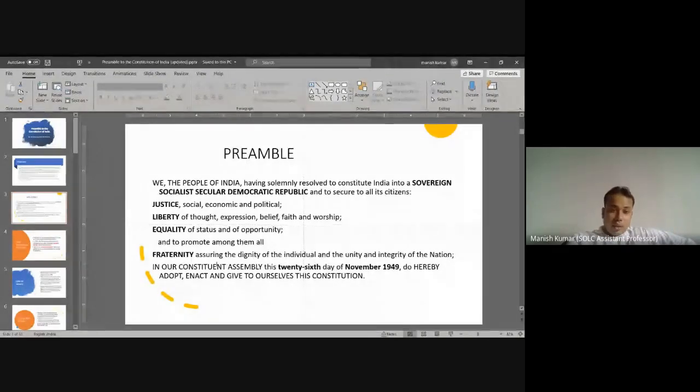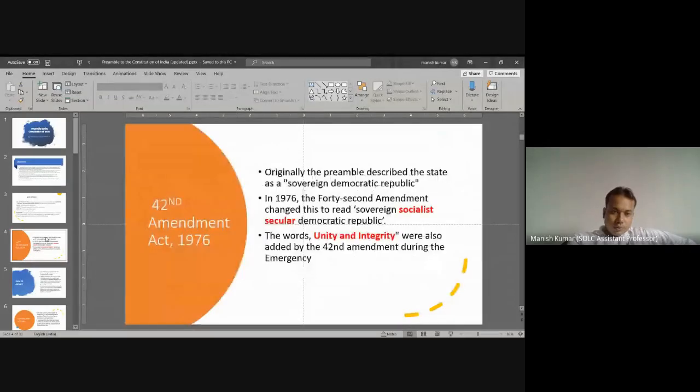So now we will see. Originally, the preamble described the state as a sovereign democratic republic, but an amendment has come. As originally enacted, the preamble described the state as a sovereign democratic republic.